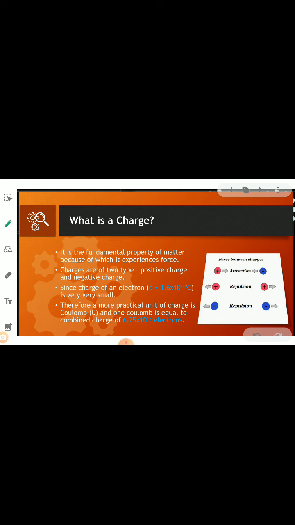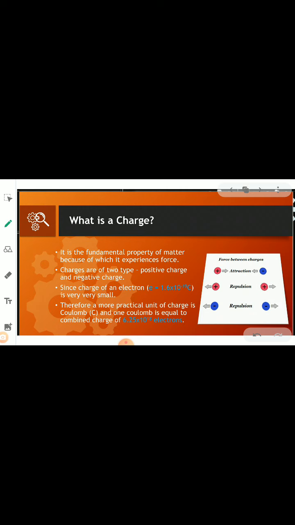Okay, so here the charge has a practical unit, that is coulomb. So 1 coulomb is equal to how much? 6.25 into 10 raised to 18 electrons. This value also you all know, as in 8th standard, in the chapter chemical effect of electric current, you have studied about it.